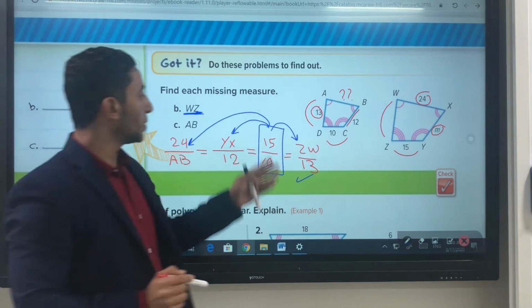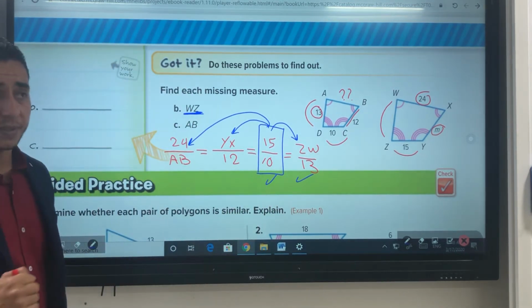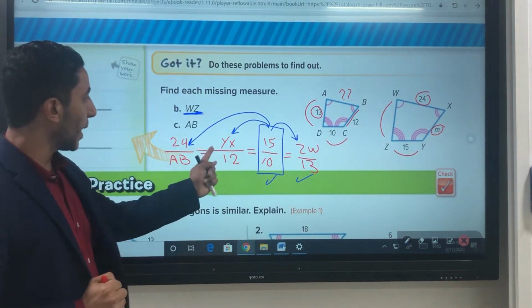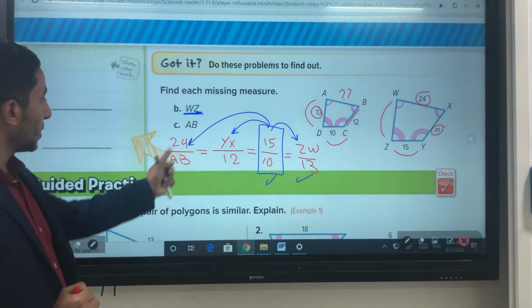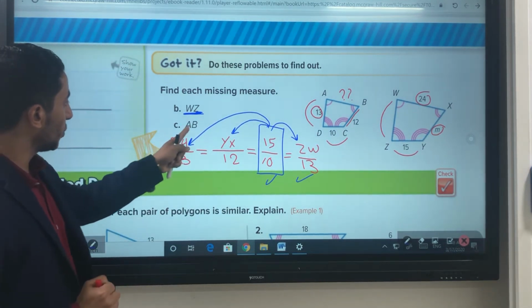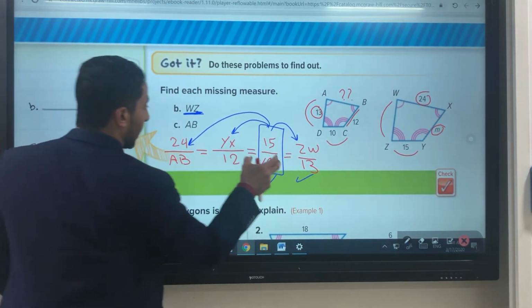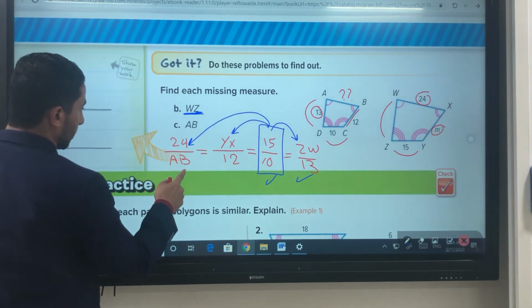I will use this 15 over 10 three times: with this fraction to find ZW, with this fraction to find YX if you want, but I will use it with this one because I want to find AB. So use this ratio with this and the first one here. Good.